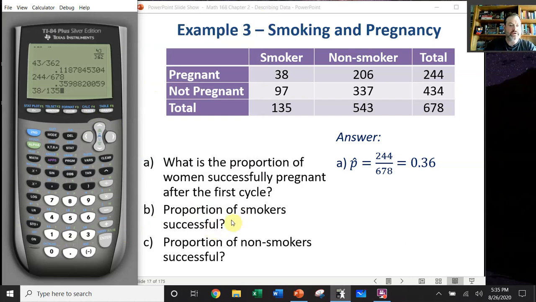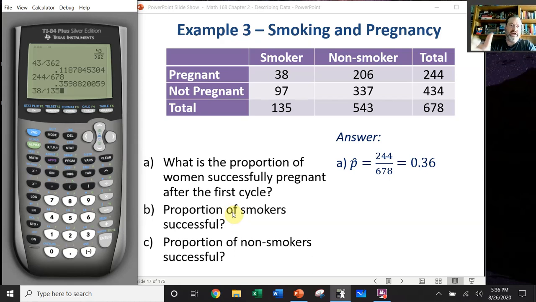The way this works is that in math, the word of means denominator, okay? So when we say what proportion of smokers, that means the total number of smokers is going in the denominator.